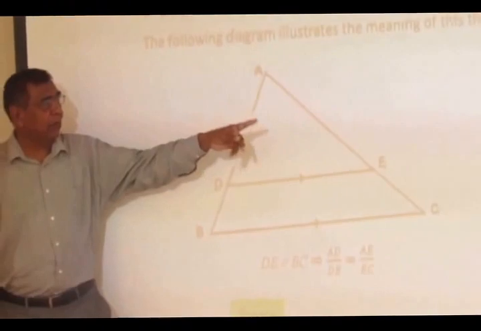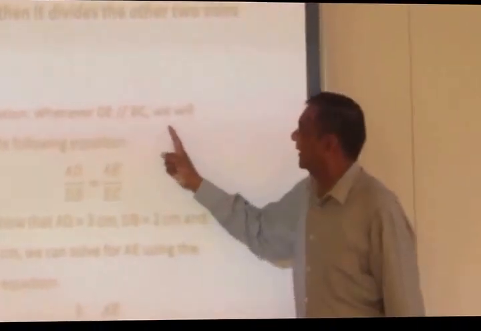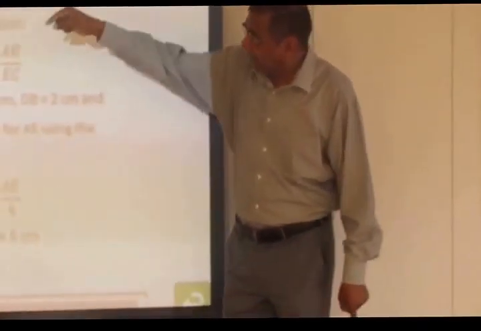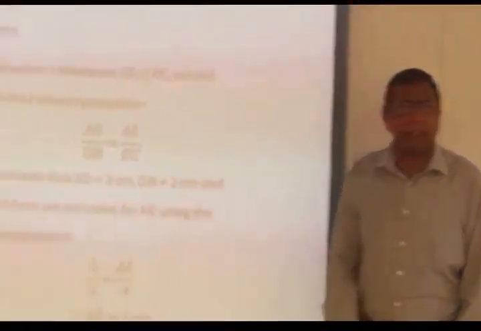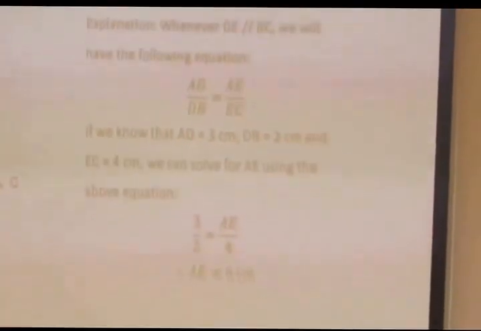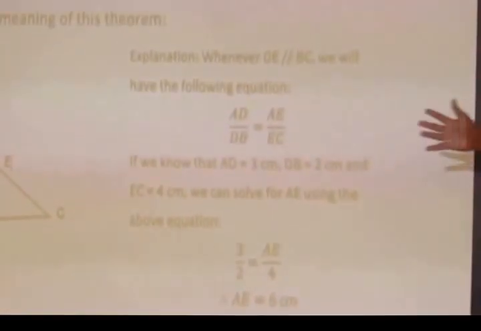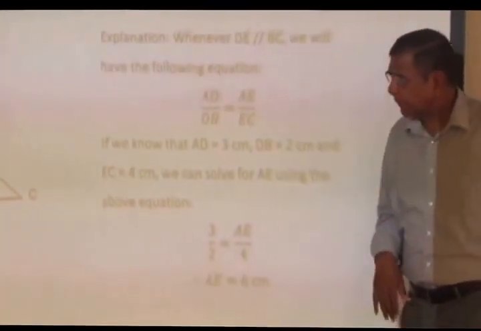So I can make an equation like this. Whenever DE is parallel to BC, we will have the following equation: AD over DB is equal to AE over EC. That's a very simple thing, isn't it? Very simple to understand. Whenever you have a line parallel to one side of a triangle, immediately you have yourself an equation like this.